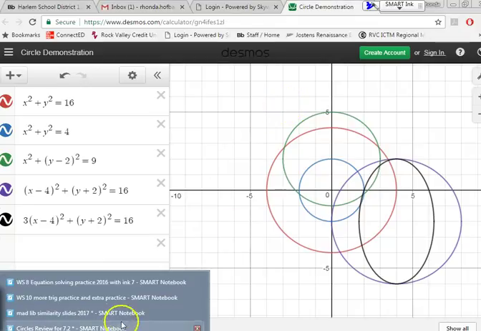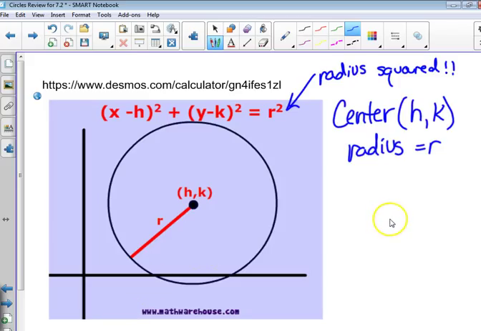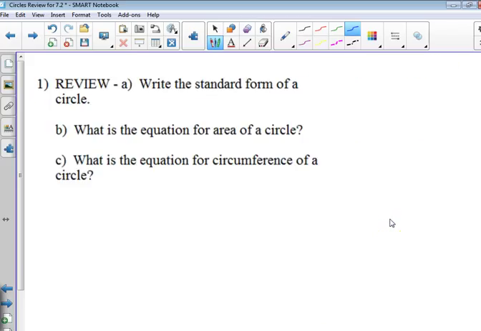All right, going back to the notes, couple quick things. You already wrote this first one down, yes? Standard form, everybody got that? All right. What is the area formula for a circle? Okay, the area and the circumference formula both have a 2 and a pi and an r.